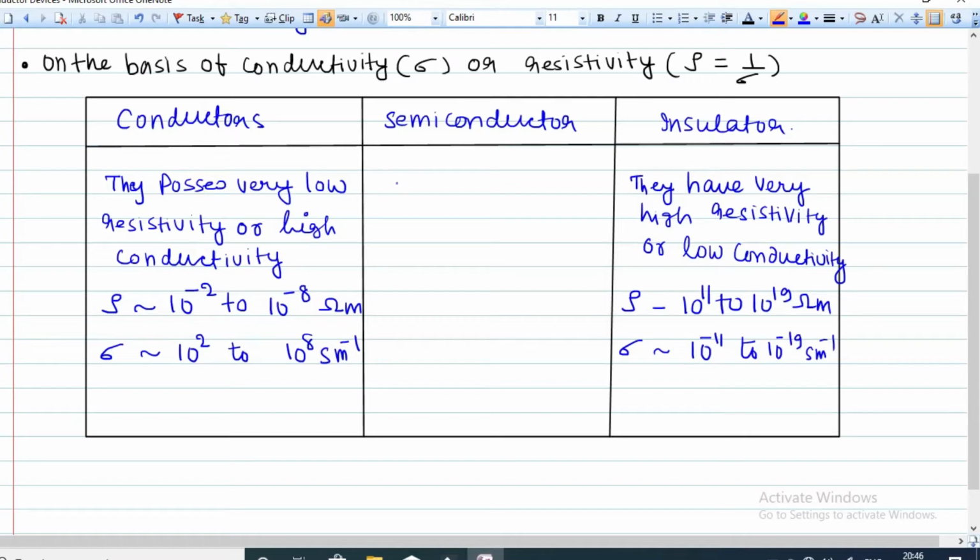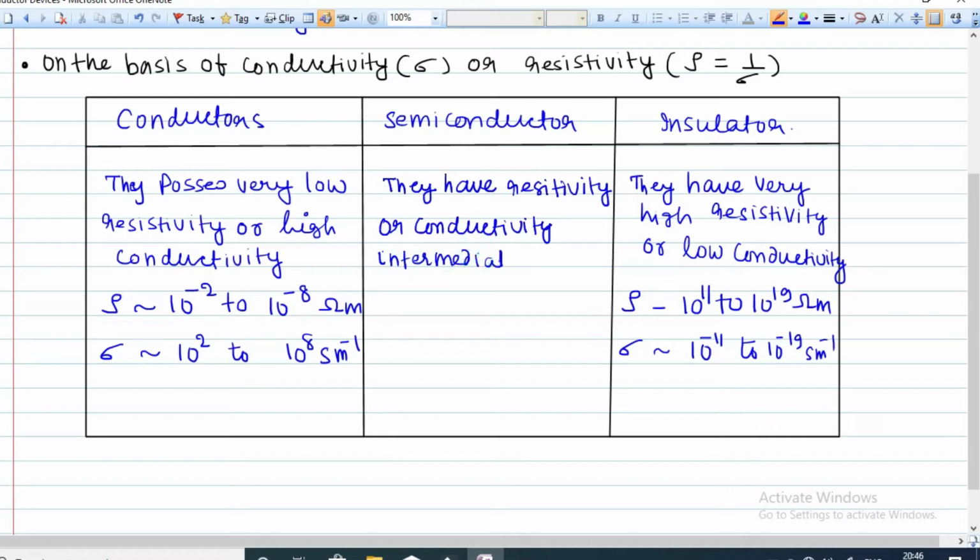They have resistivity or conductivity intermediate to conductors and insulators.